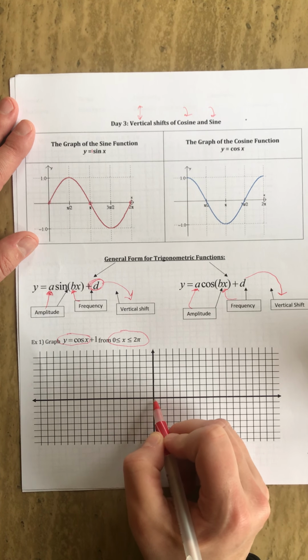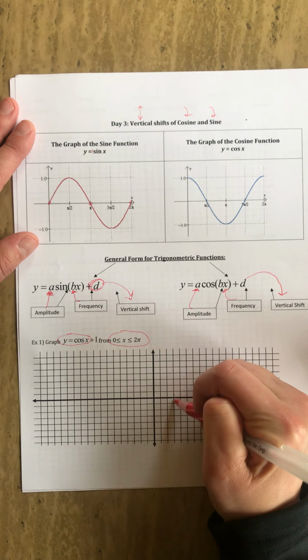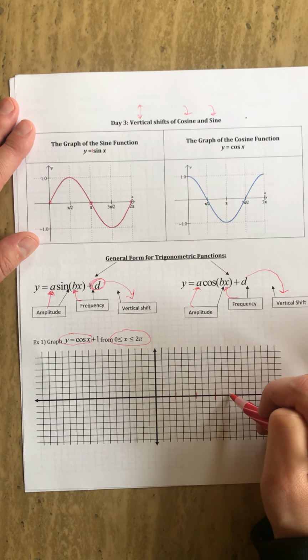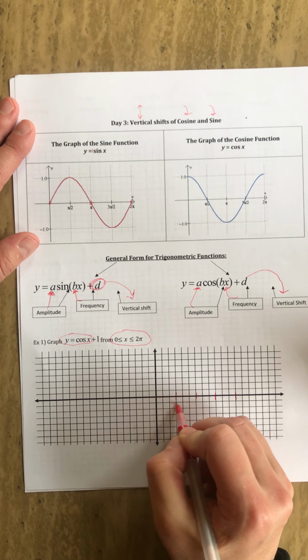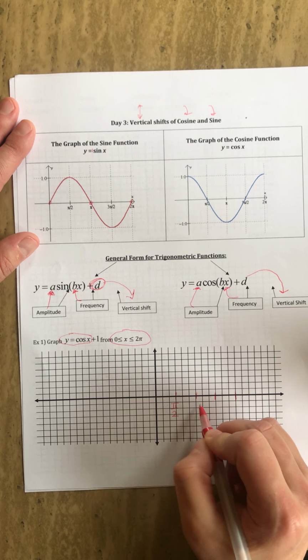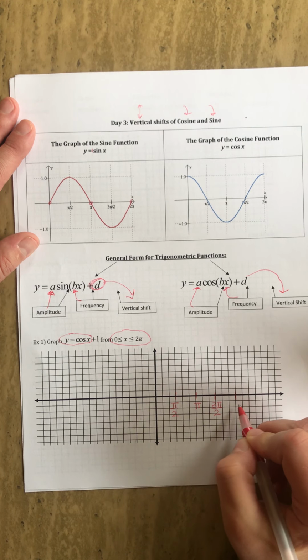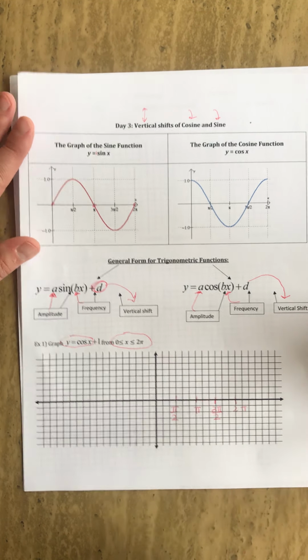I'm going to begin to start to use radians. Okay, so we have pi over 2 radian, pi, 3 pi over 2 radian, and 2 pi.